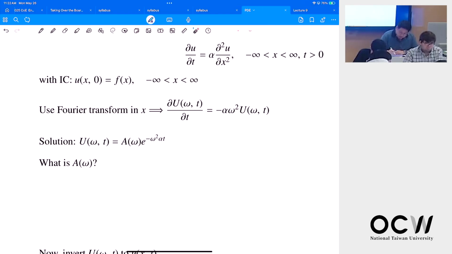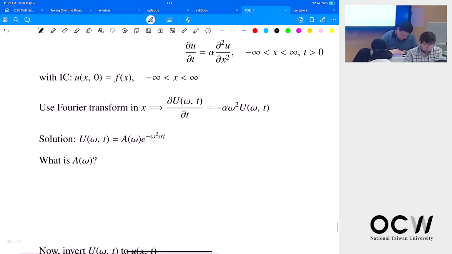First, let's see the initial condition. If I take the Fourier transform, here we have the Fourier transform. My x will become omega, so omega at 0.